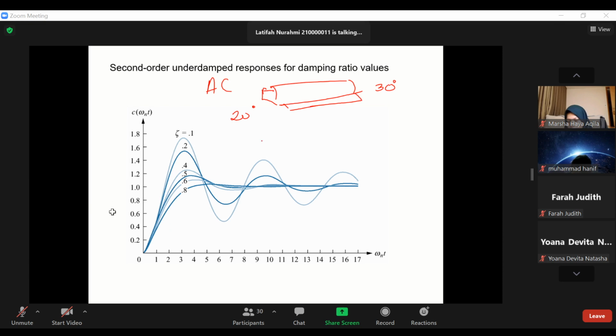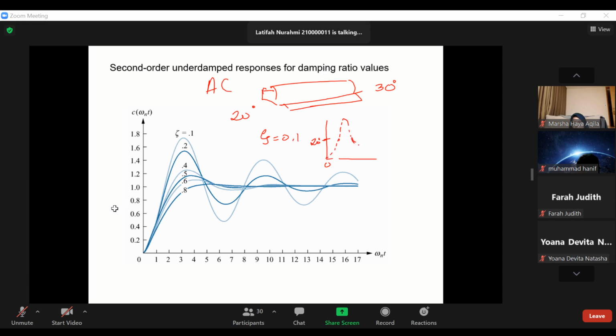If you put zeta equal to 0.1, your AC will start from zero and go more than 20 degrees. Let's say this one is 20 degrees. It will go far away and oscillate.